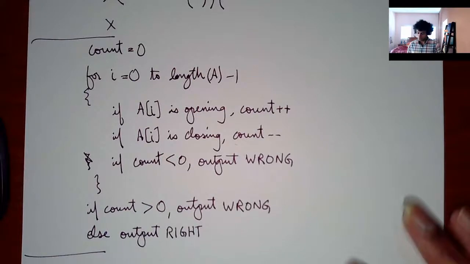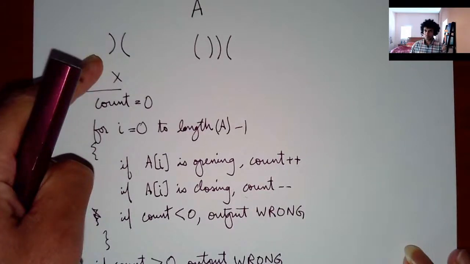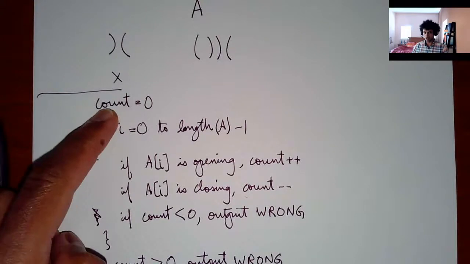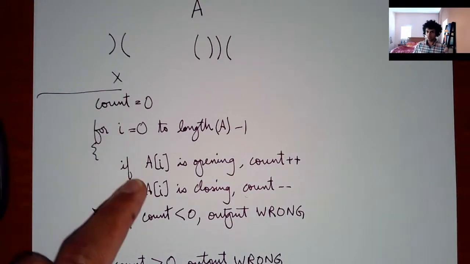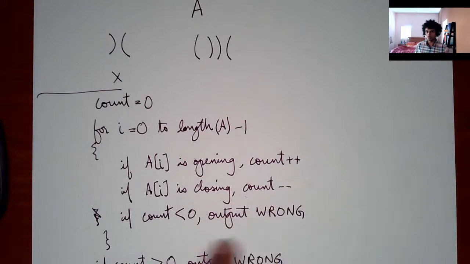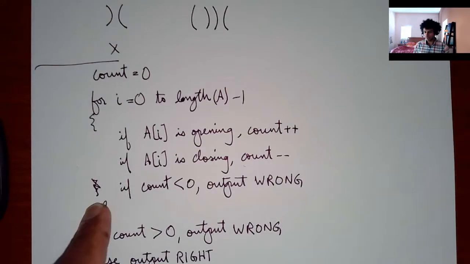No, so in this example, as soon as it starts, the count is initialized to 0, and as soon as it sees the very 0th character, it's going to decrement the count, and then it's just going to output wrong. Within the loop, yes, exactly. After every symbol, I'm checking if it goes negative, which is why I had to move the closing curly brace there.